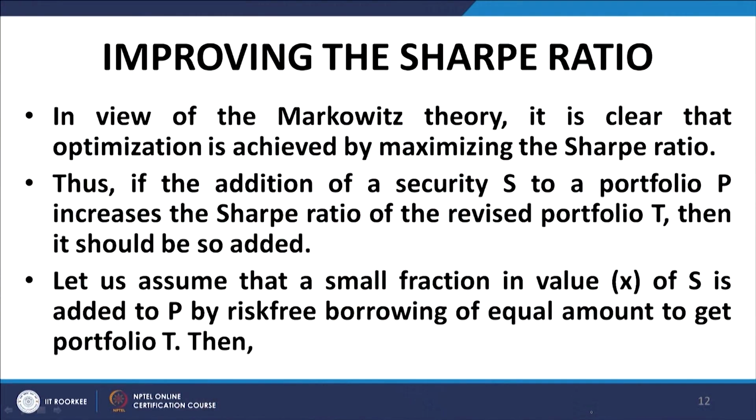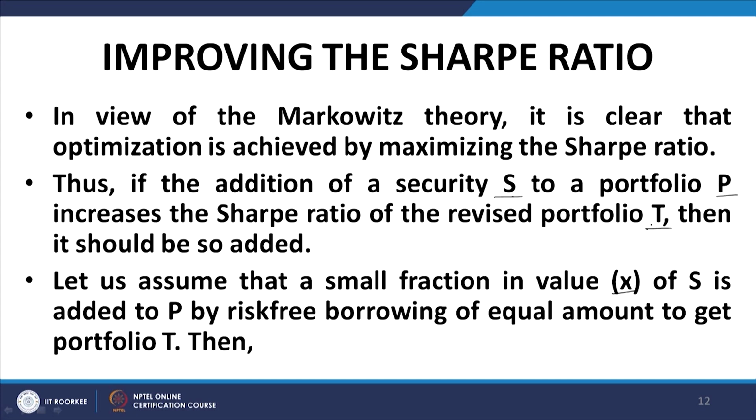So, let us assume that I have a portfolio P, and I add a security S to the portfolio P to have a new portfolio T. Let us see what is the condition under which my portfolio's Sharpe ratio would improve.